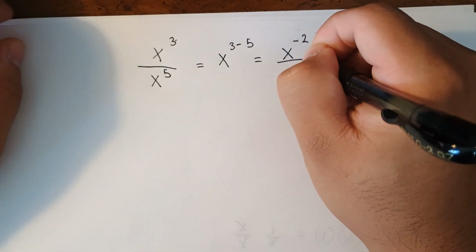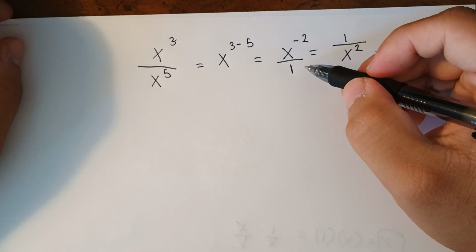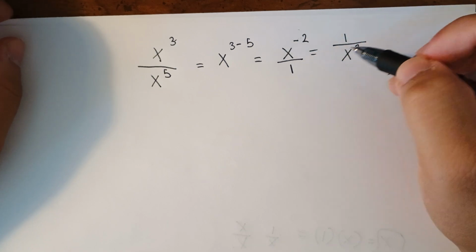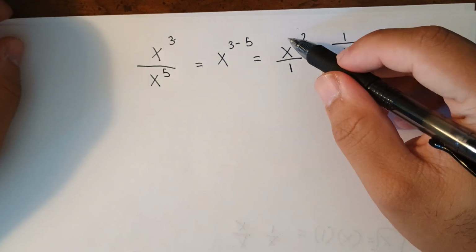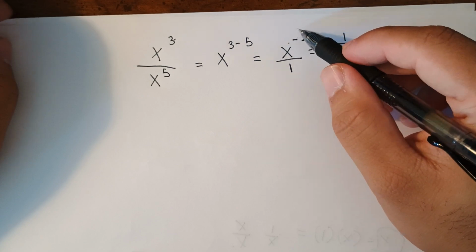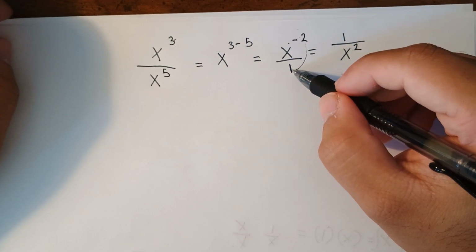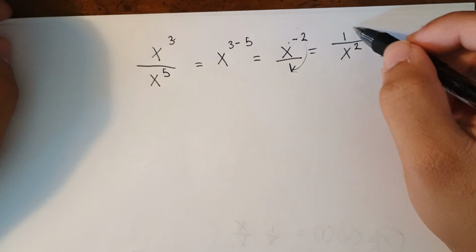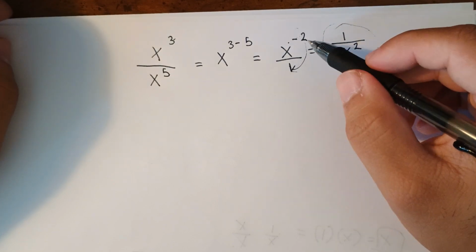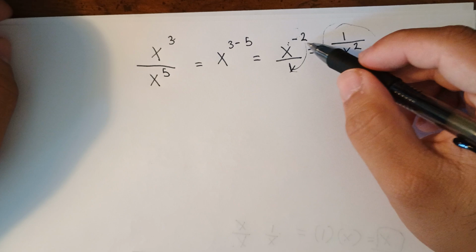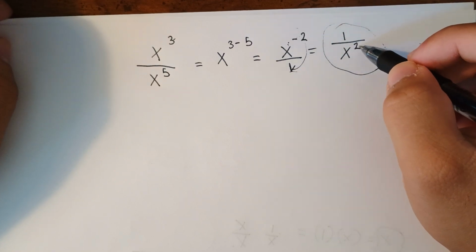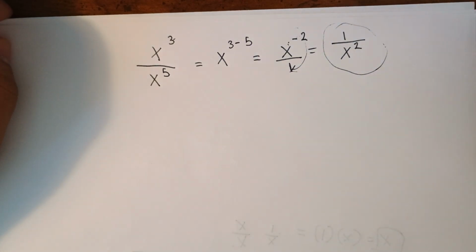We can always pretend there's a 1, and write it as a fraction. It's the same thing. All we're doing is, when we have a negative exponent on top, we flip it like this, and it becomes this. We put the 1 on top and this on bottom. And when we switch them, the exponent becomes positive, and you leave it like that.